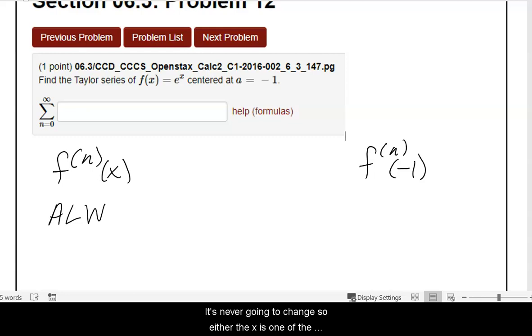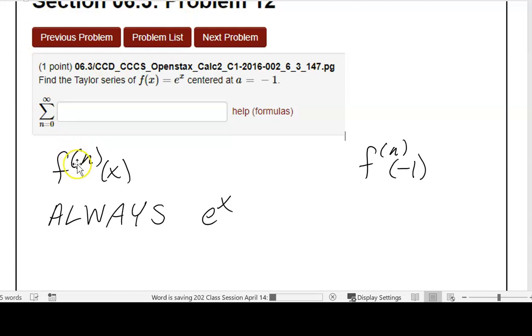It's never going to change. So e to the x is one of the simplest ones to do. If you have something like e to the 2x, you get powers of that number attached to it. And I think there's one in here like that. If we have time, we'll take a look at it.